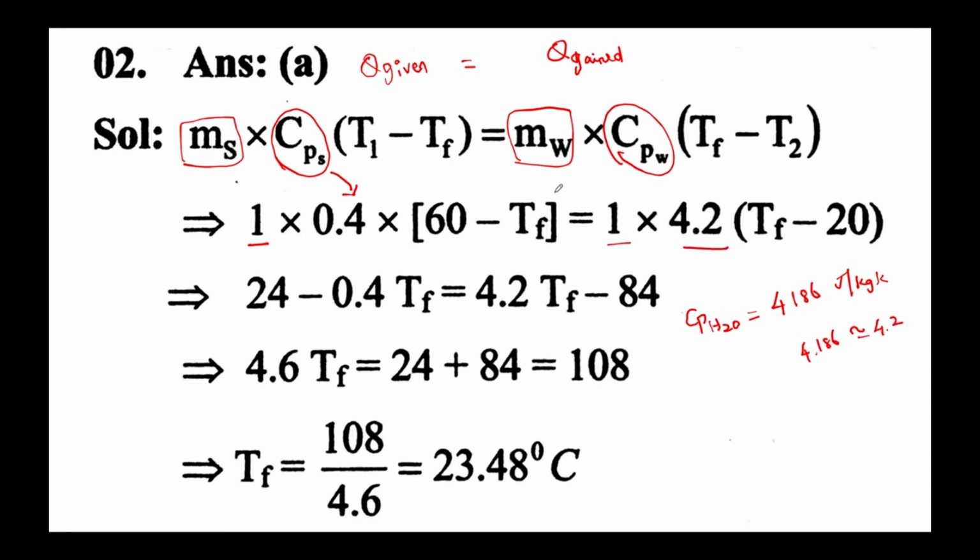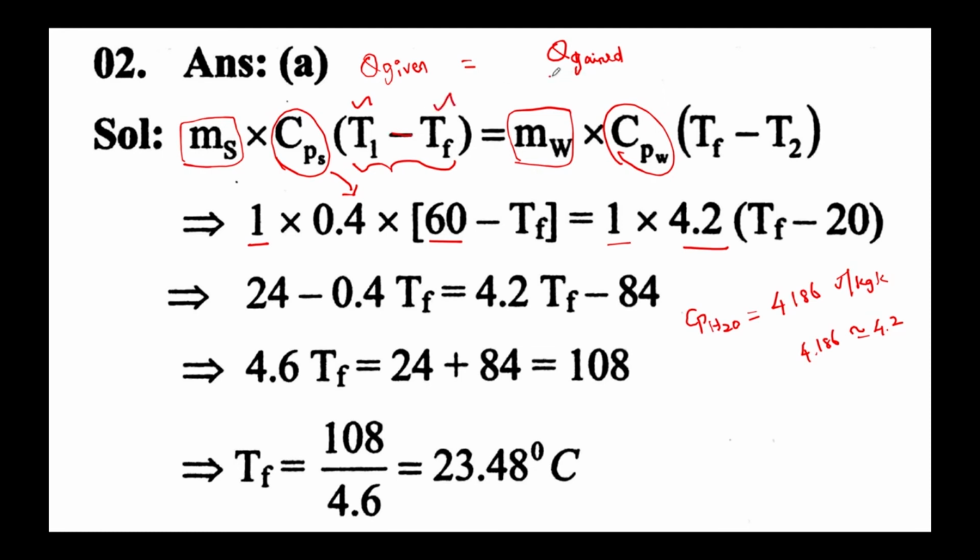And you know that this has to be multiplied with delta T. The initial temperature of steel is much higher, which is 60 degrees given in the problem, and the final temperature reached by the steel would be lower, because after giving the heat its temperature would have reduced, so it is minus. We don't know that temperature, so we'll keep it as TF.